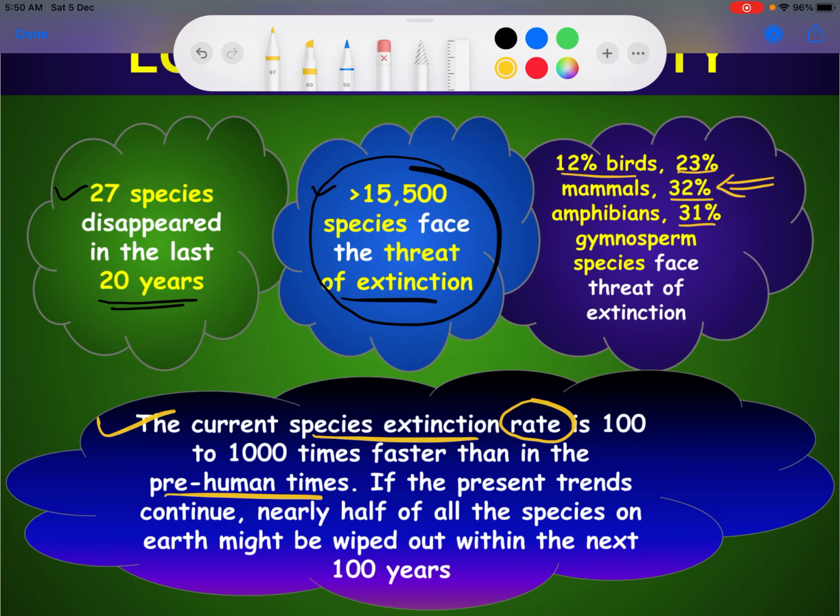Now, if I am talking about pre-human times, we know there are so many events that may have happened, but regular events we know, for example, the ice age, right?